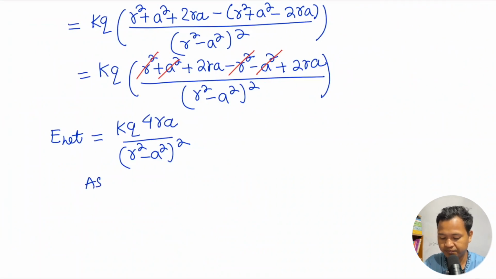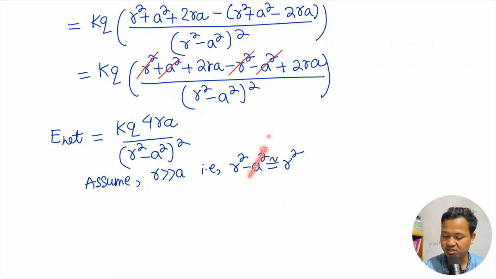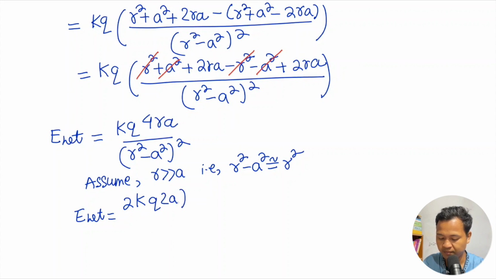So assume that R is much greater than A. Then R square minus A square will be approximately R square, as A square is approximately 0. So E net will be equal to 2 into K into Q into 2A, divided by R power 4.